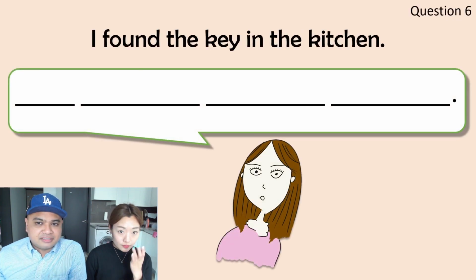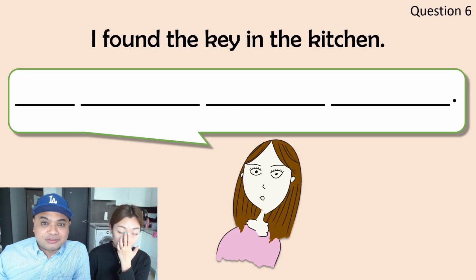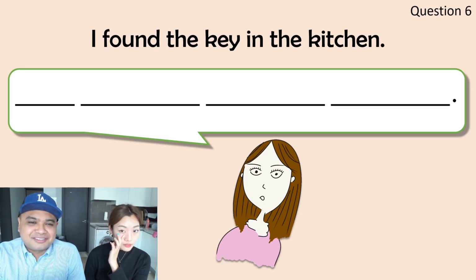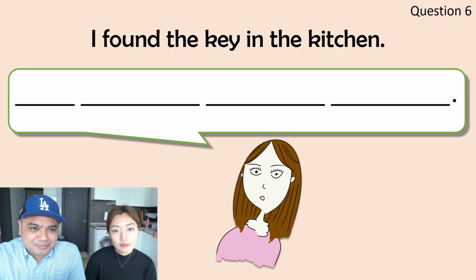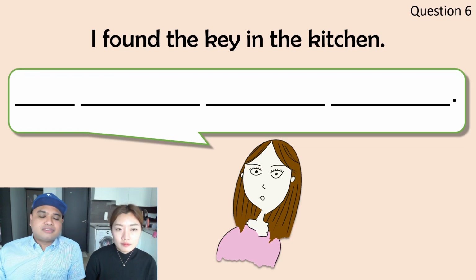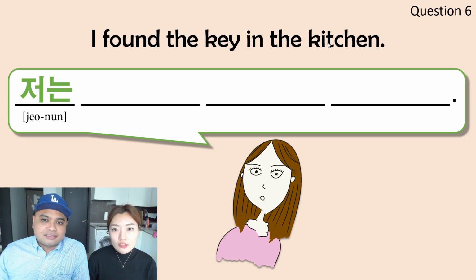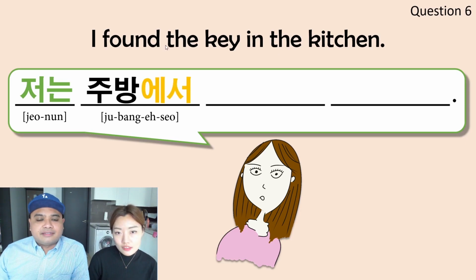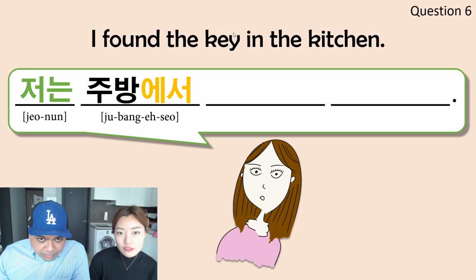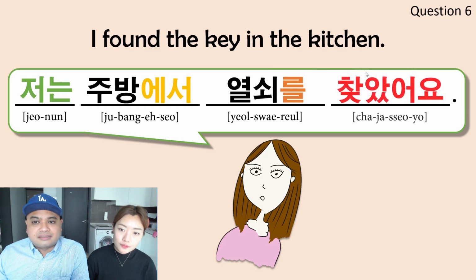I found the key in the kitchen. Ooh, maybe you need to translate some words right now. All right, I found the key in the kitchen. So first part is of course 저는, and then we need the place, in the kitchen. 주방에서, and then we need the object, which is the key, 열쇠를, and 찾았어요.